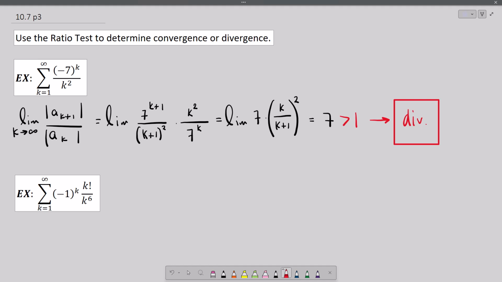So another approach to this one would be the divergence test, which is something we should be thinking about all the time. Do the terms go to 0? And if we looked at this and tried to take the limit as k goes to infinity, we could use L'Hopital's rule 2 times and show that the limit is not 0. So that would also work.